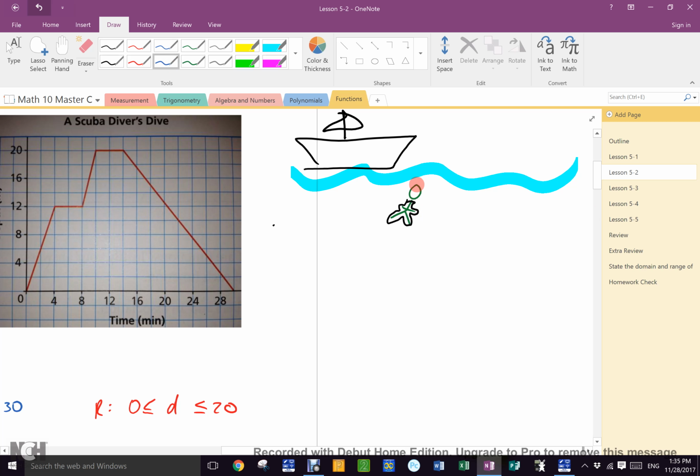And she has on one of those big Scooby-Doo ones so she can talk to her friends. She jumps off the boat, and she goes down. Does she go down on an angle? No. She goes straight down. Why is this an angle? Because it's representing data, and time is passing.